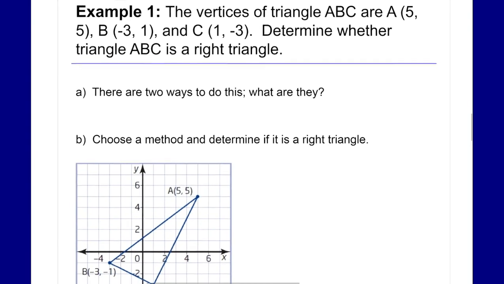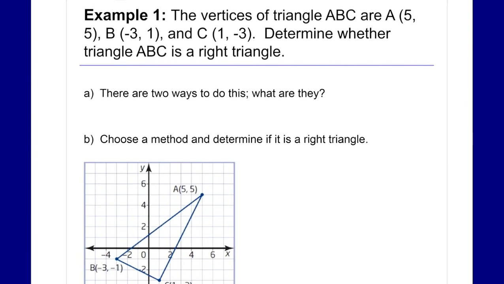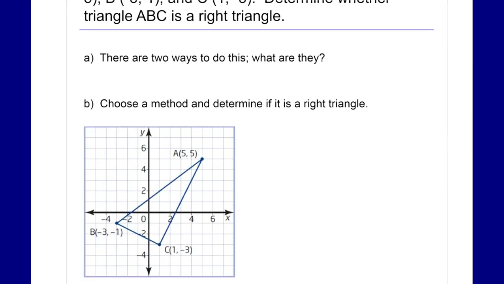First question though says the vertices of triangle ABC are A (5, 5), B (-3, 1), and C (1, -3). Determine whether triangle ABC is a right triangle. And so there are two ways that we could check. The first one, the easy one: if it's a right angle, we should be looking for slopes that meet at 90 degrees.